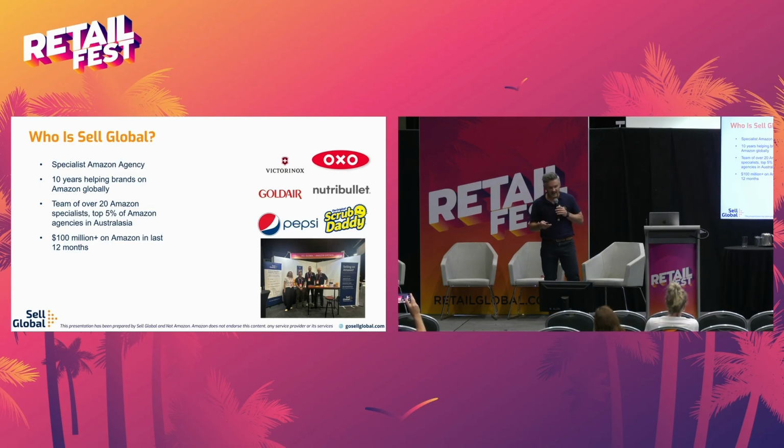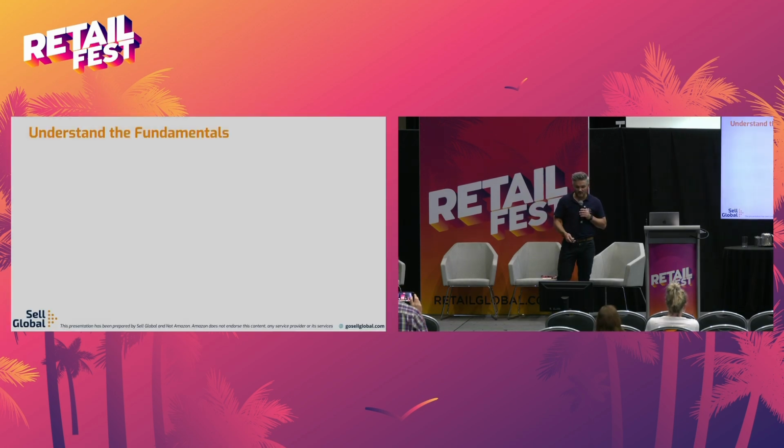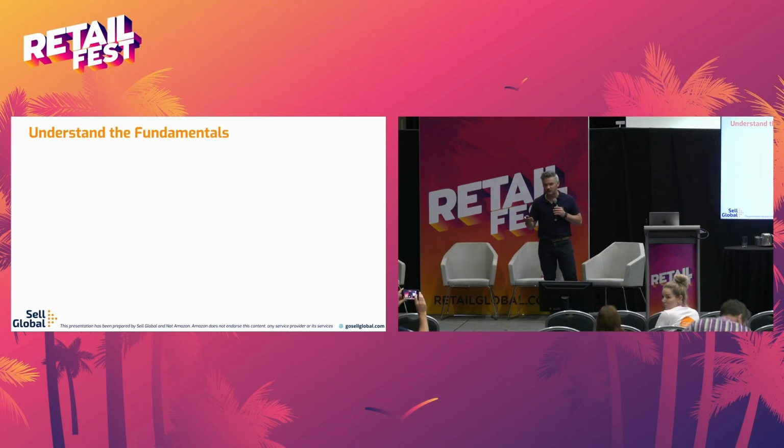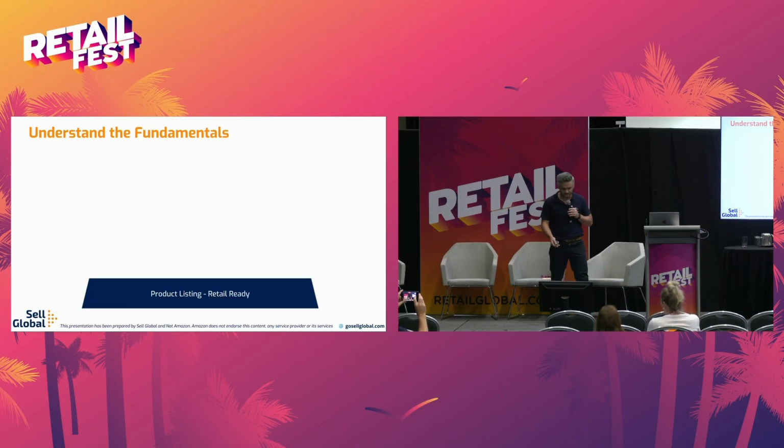And one of the things that we understand is that brands don't get the fundamentals right on understanding what's important for Amazon advertising. So on the next slide, I'm going to walk through the fundamentals of what makes up good Amazon advertising and also just managing the channel well.